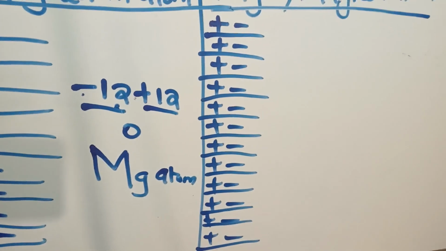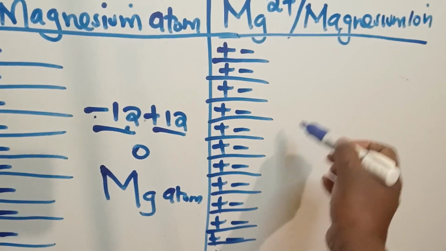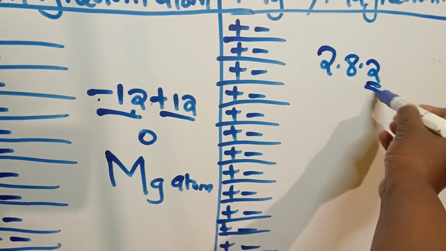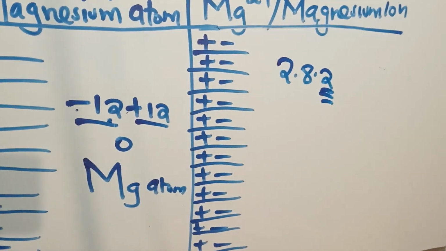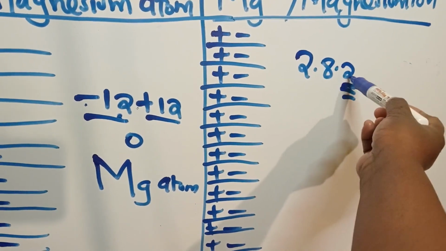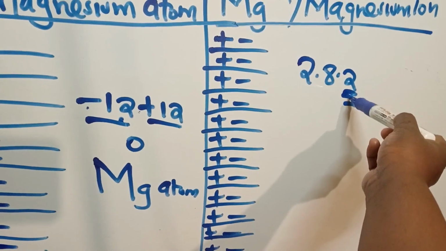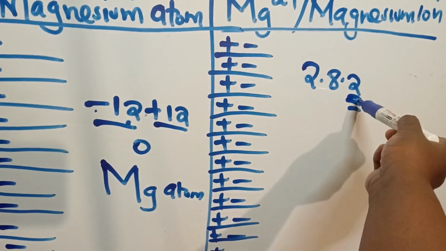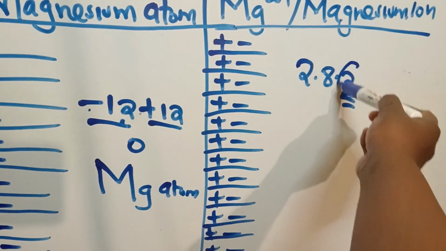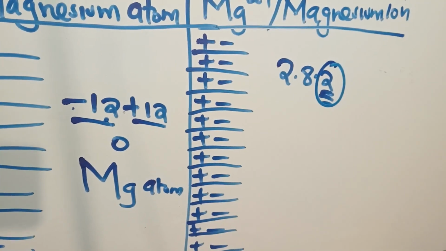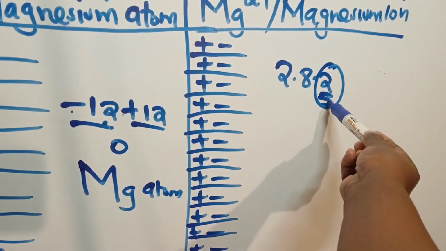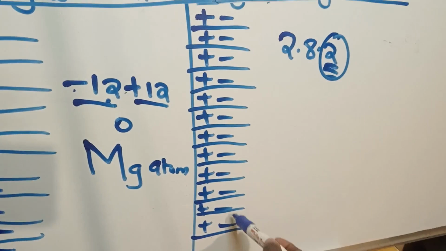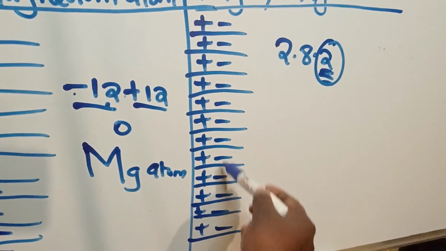But remember, magnesium has electronic arrangement 2.8.2. And being in group 2, we say that an element is in group 2 when we check the outermost energy level and see that it has 2 electrons. Being a metal that reacts by losing electrons, this one will be losing 2 electrons, so the side that you'll be losing from is the side of the negatives, because these are the electrons.